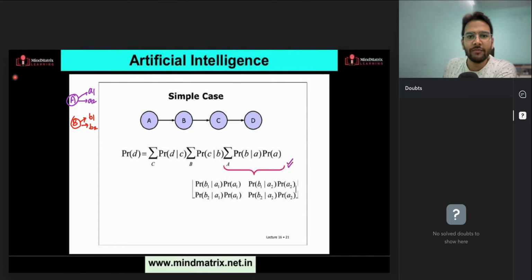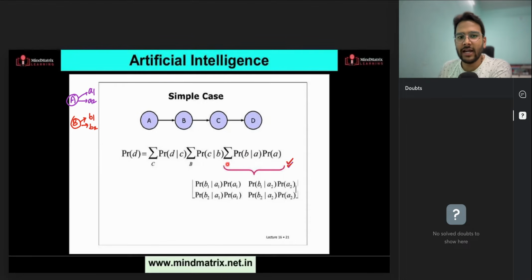Now carefully observe this term: summation over A, probability of B given A into probability of A. What does this actually signify? Can I say this is going to sum over all the possible values of B and A?